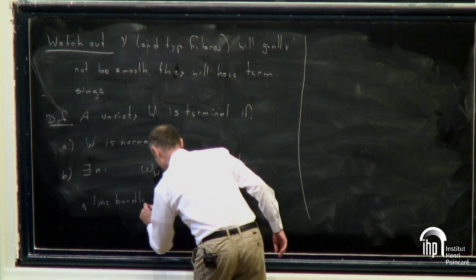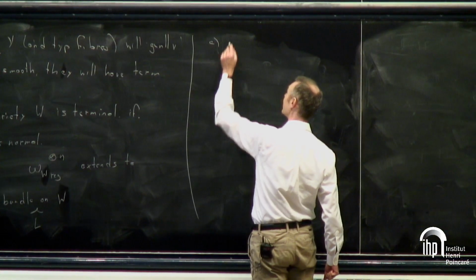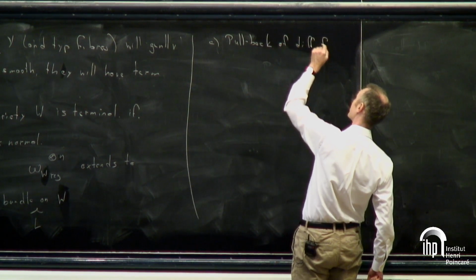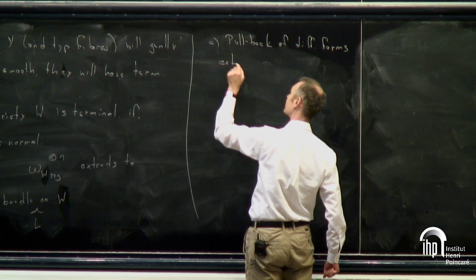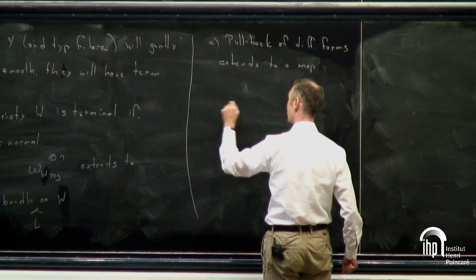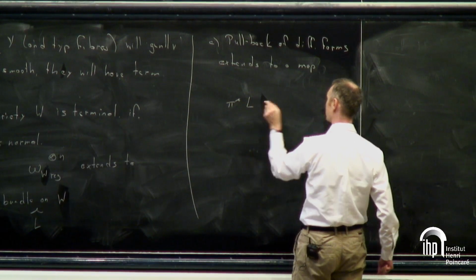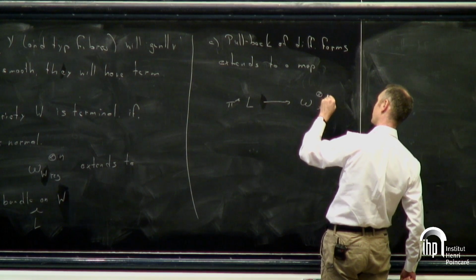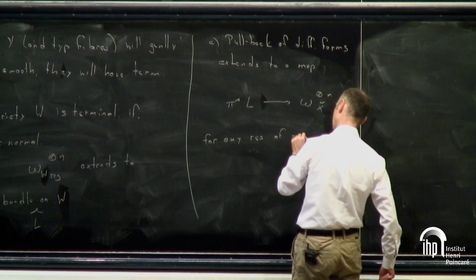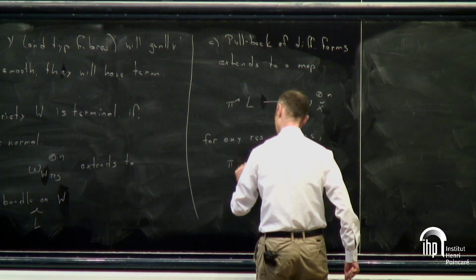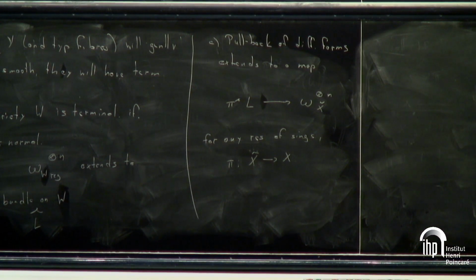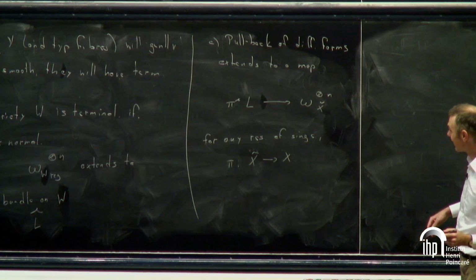A line bundle, say, L. And then the pullback of differential forms extends to a map from pi upper star L to omega, for any resolution of singularities pi from X twiddle to W. So whenever I have a morphism of spaces, I can pull back differential forms. There's a twiddle missing. Oh, W again, sorry.